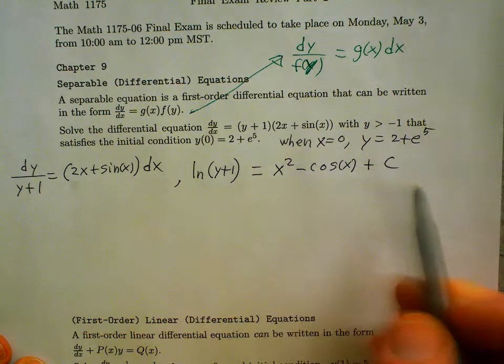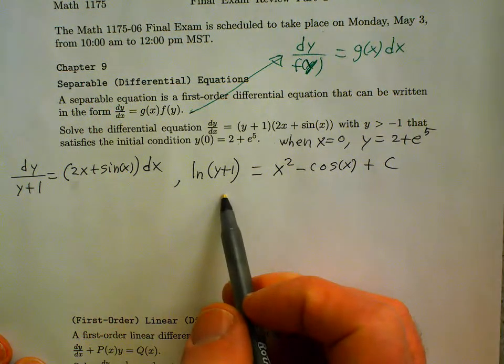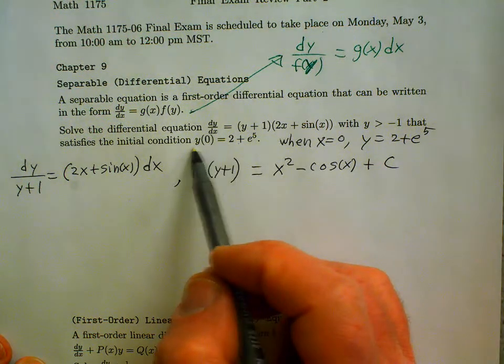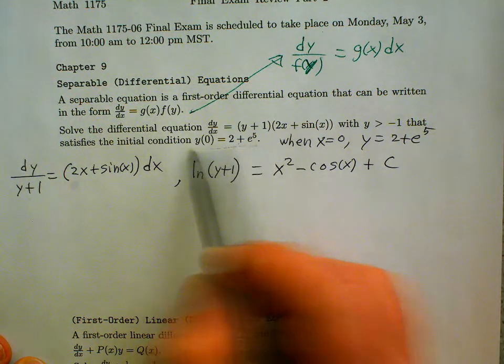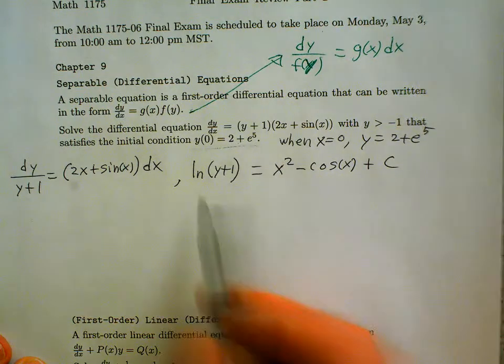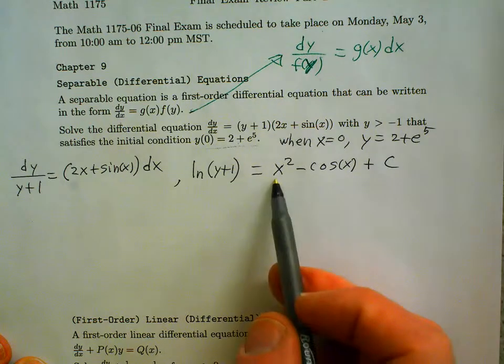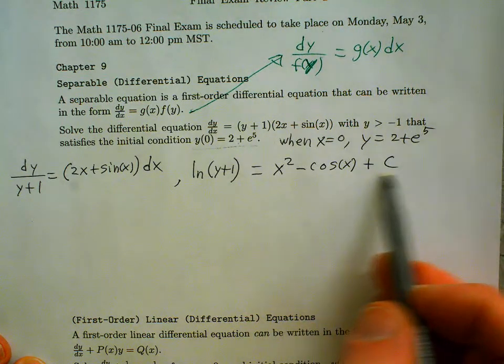The goal is to solve for y and then impose the initial condition. So at the moment, we have the natural log of y plus 1 equals x squared minus cosine of x plus c.